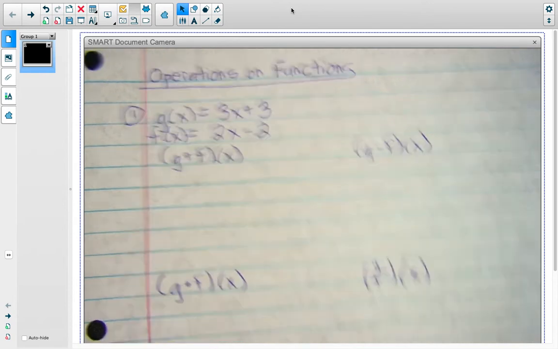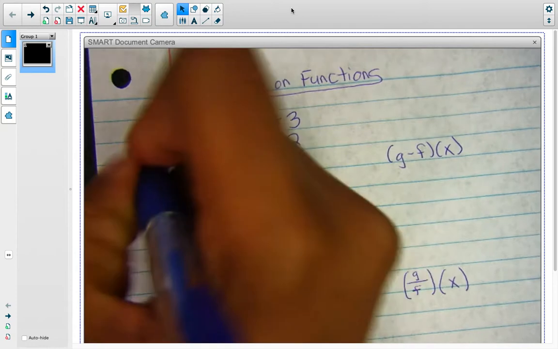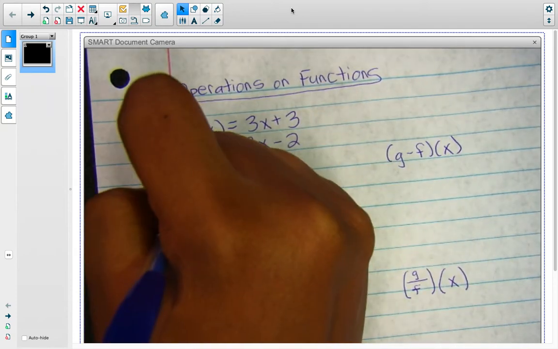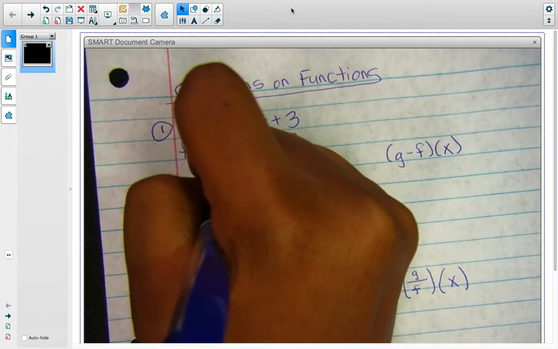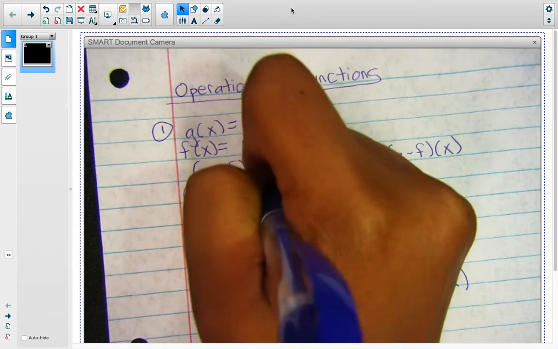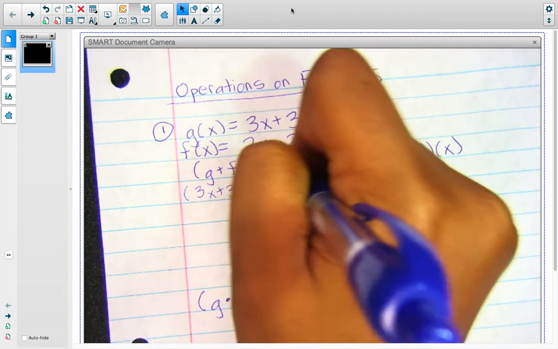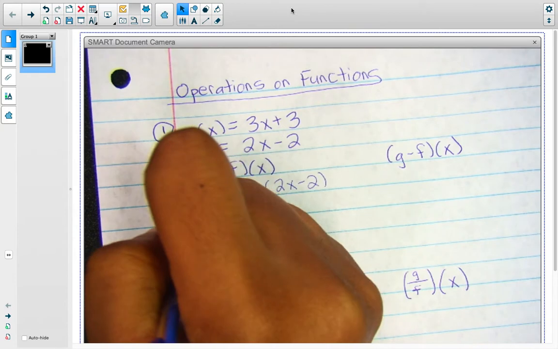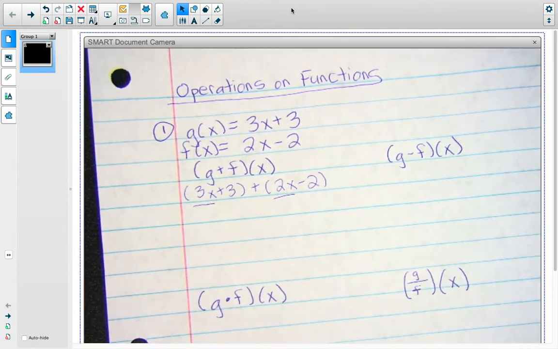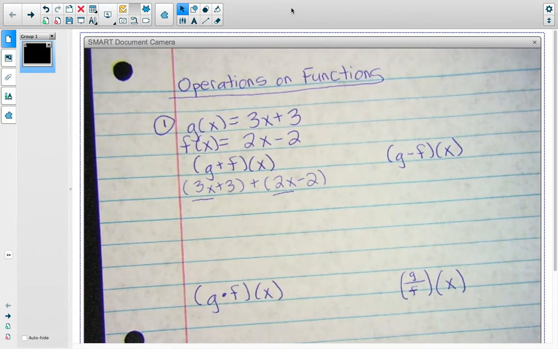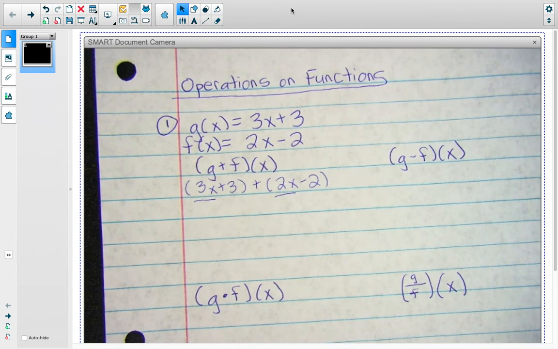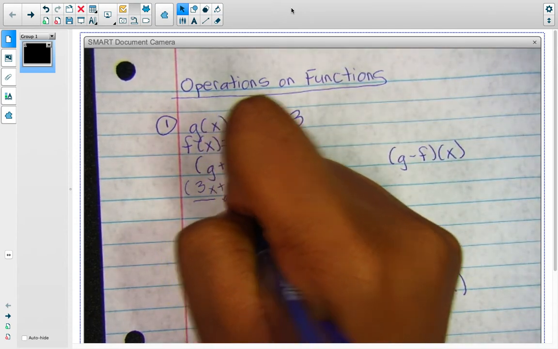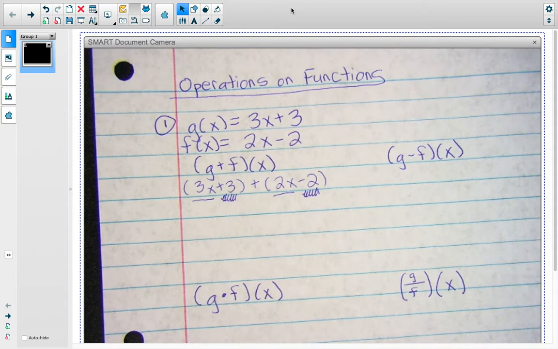Another option that you have, just so that I show you all the options possible, is to rewrite your functions right beside each other so that they are horizontal. And if you need to, go back and underline things that are the same or highlight things that are the same. Notice I underlined the 3x and the 2x, and then the 3 and the negative 2. So the 3x and 2x are like terms, and the 3 and negative 2 are like terms.